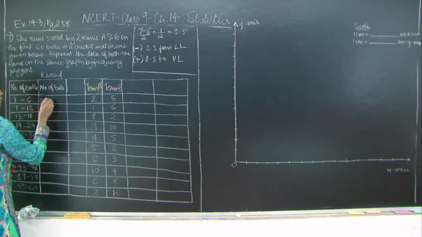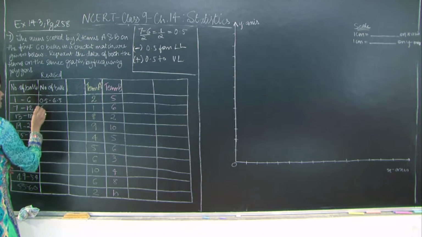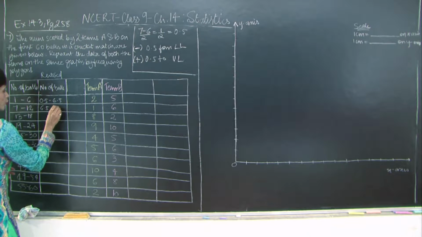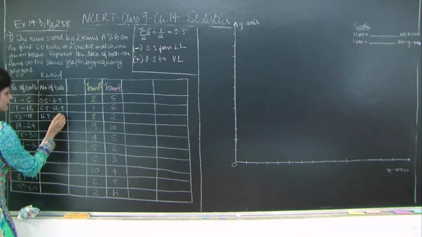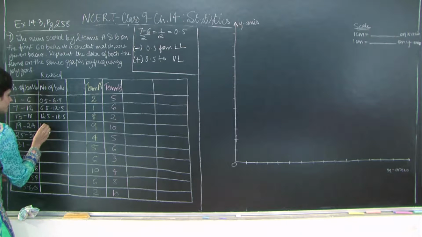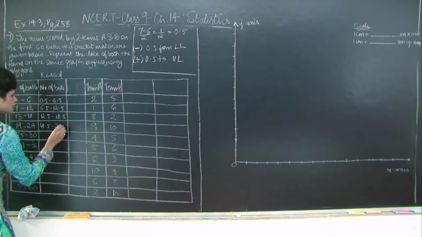So let's get started. 0.5 to 6.5, then 6.5 to 12.5, 12.5 to 18.5, 18.5 to 24.5.